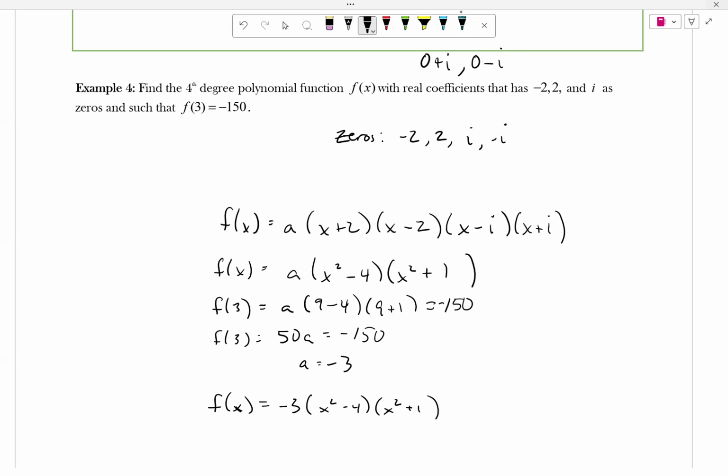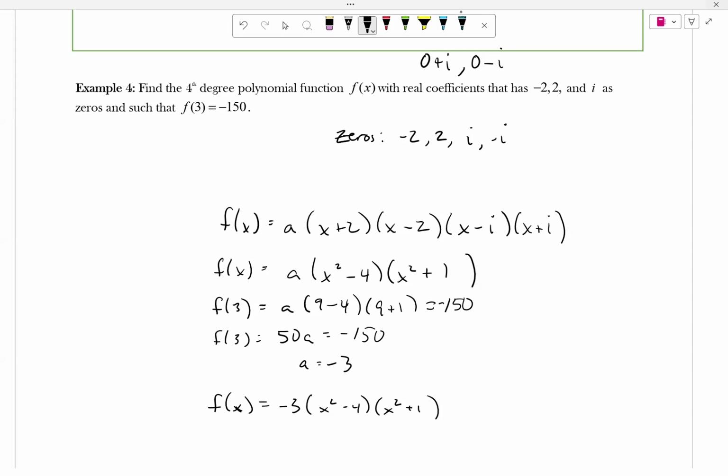Any questions? It's a fourth degree polynomial, so it only has 4 zeros. The zeros are these, so we know that these four are zeros. Might there be more zeros? But fourth degree, so it only has 4 zeros. These are all the factors.